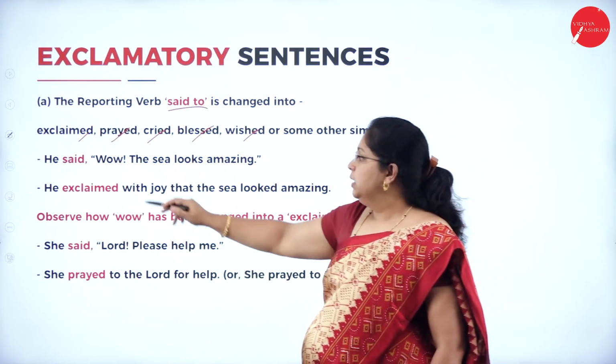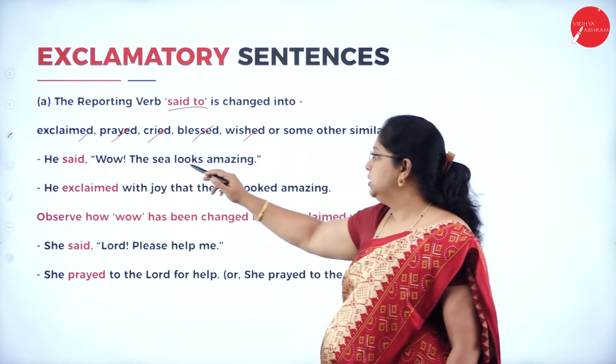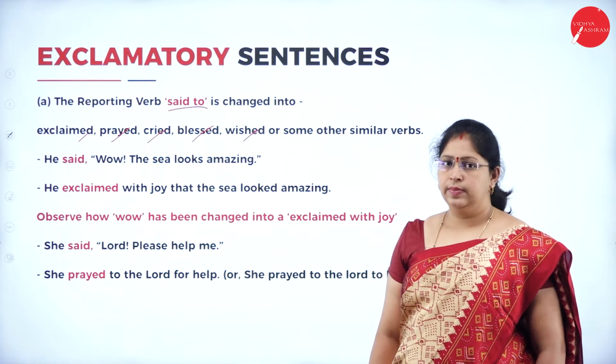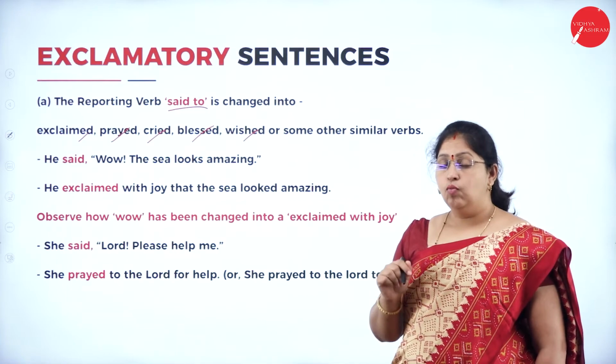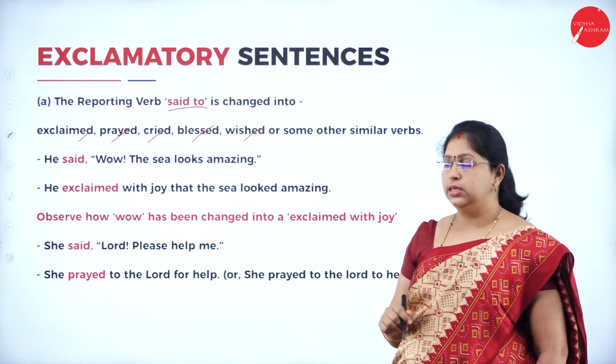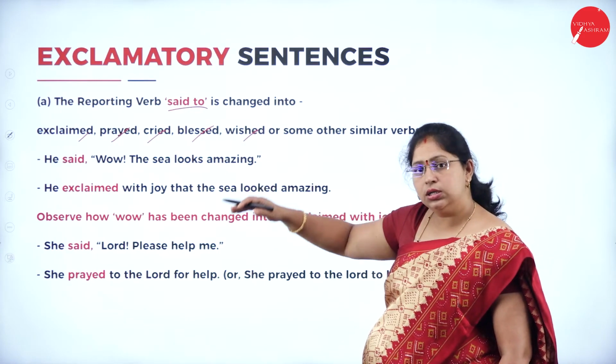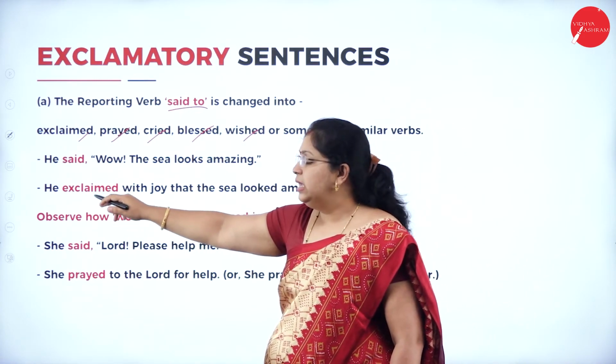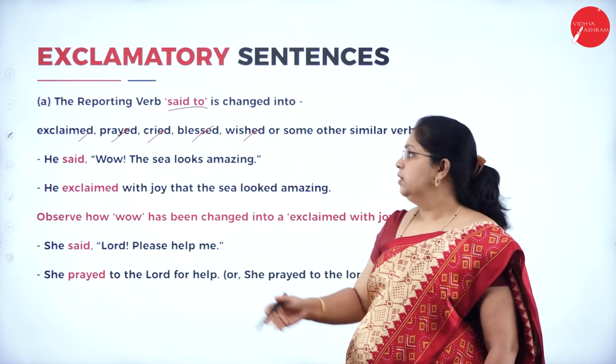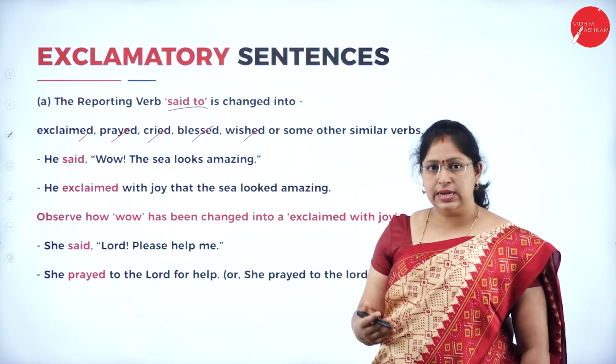Okay. He said, "Wow, the sea looks amazing." So, this is an exclamatory sentence, correct? So, what change do we need to do here? "He exclaimed." Instead of "said", we need to show the exclamation, right?